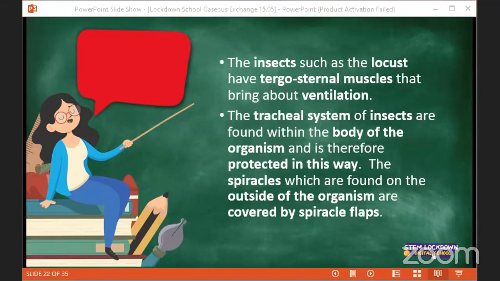The exoskeleton will also form part in protecting the tracheal system. The spiracles, which are found on the outside of the organisms, are covered by spiracle flaps. So when diffusion needs to take place, the spiracle flaps will open, and if diffusion does not need to take place, they will close.